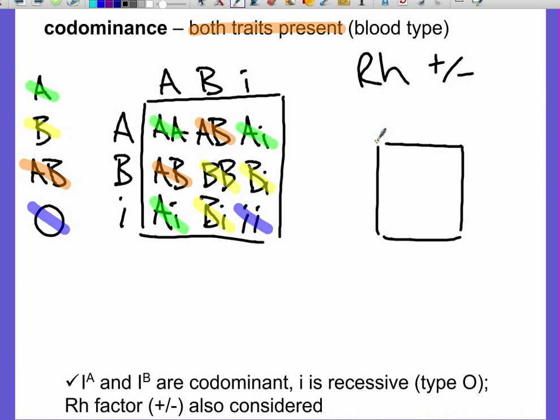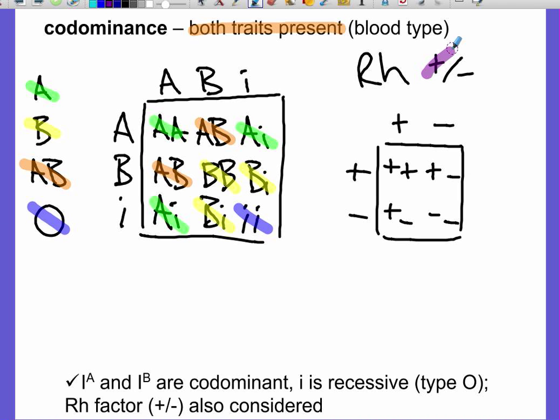So again, we can do kind of a hybrid cross here. Plus minus, cross those things. We should see all the different possibilities. So you might have 2 positive alleles. You might have a positive and a negative down bottom left as well, or a negative and a negative. So the only possibilities here are to be positive or negative.